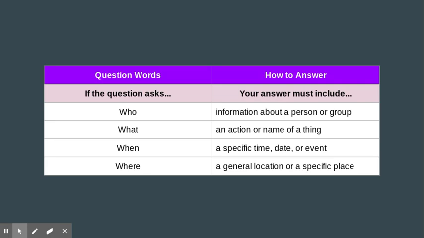During the last 2 units, I explained the question words to you. Now it is your turn to review the question words with your partner. Well, in this case, with me. Work together to identify each question word and what its answer must contain. Let's practice.